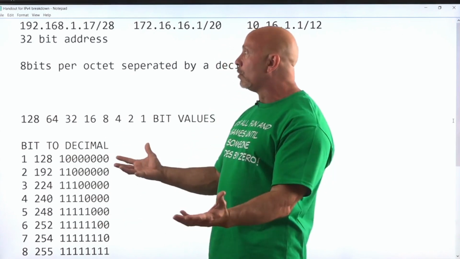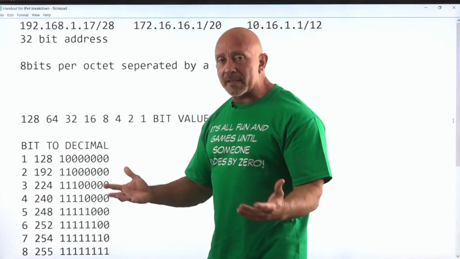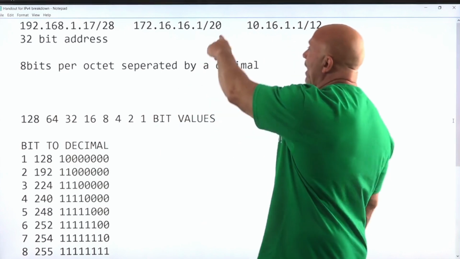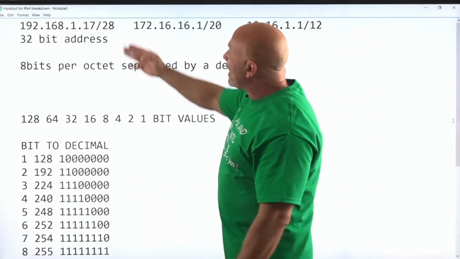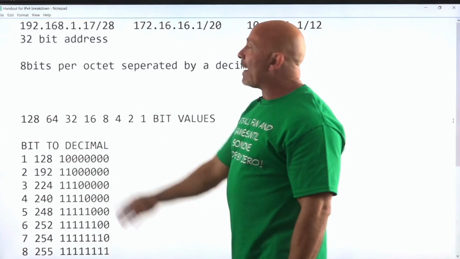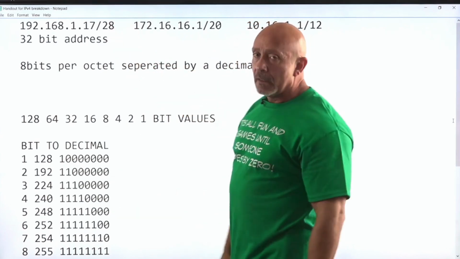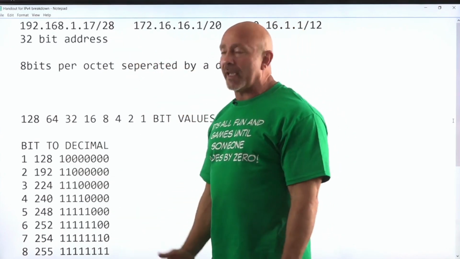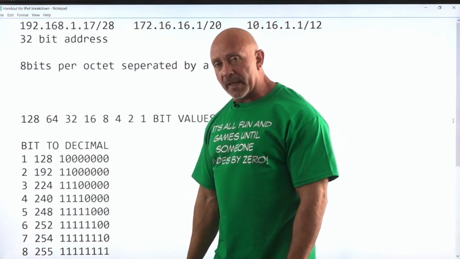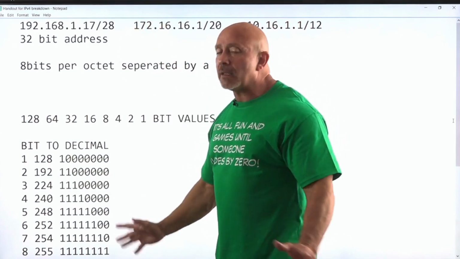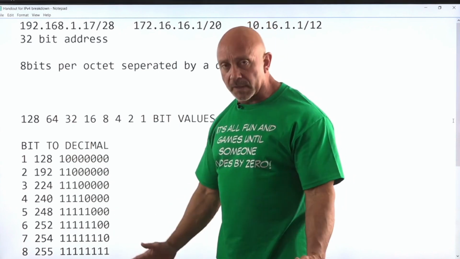It has nothing to do with whether it's a class C or a class B. Here we have a 20 and 12 because I wanted to use what Cisco likes to use. But I can have a 28 with a class B. I can have a 28 with a class A. That doesn't mean it changes the class of address because you have a different mask. Okay? So the mask has nothing to do with the class of address that you're using.